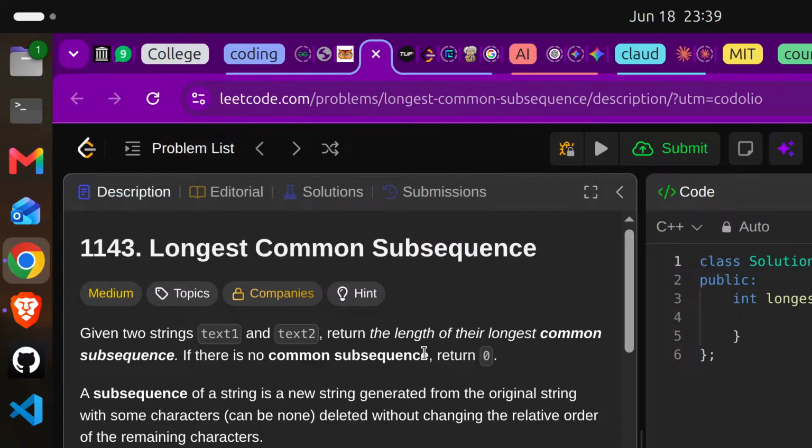Let me also confirm this, how can we access an index in a string in C++?